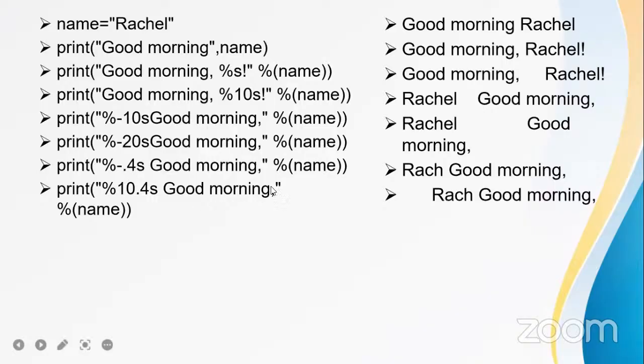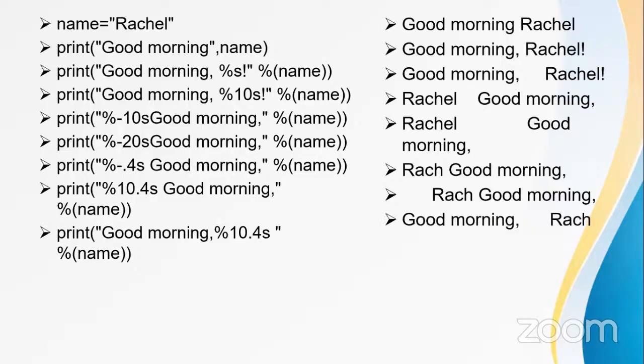When I do .4, only 4 characters are read. When I use 10.4s, I use only 4 characters, but again the space is formed between good morning and Rachel.